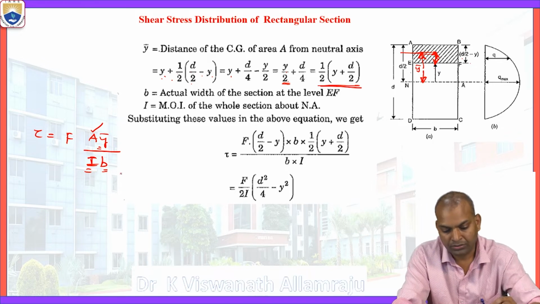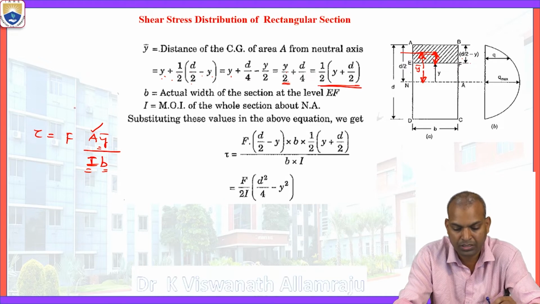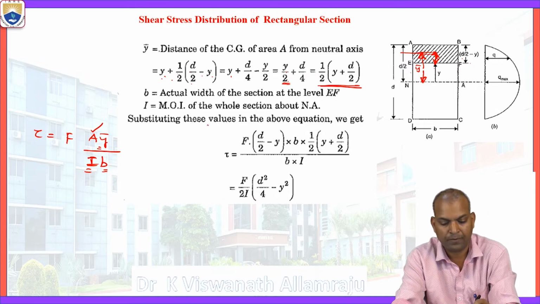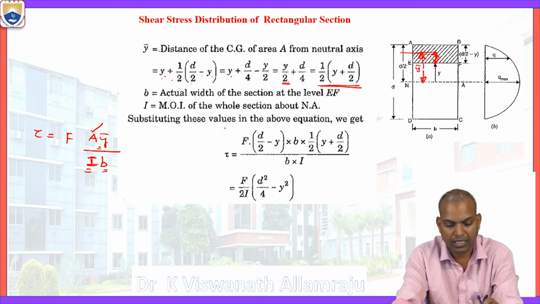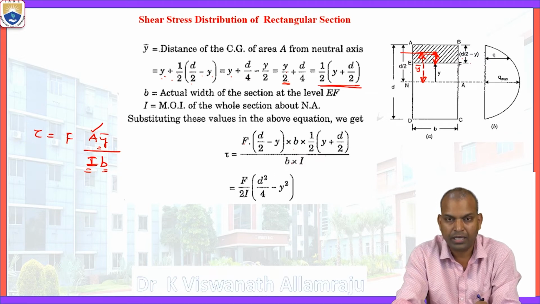Now after knowing these values, A and y bar, substitute them in the shear stress formula: F into A, that is (D by 2 minus y) times B, and y bar, half of (y plus D by 2), divided by I B.